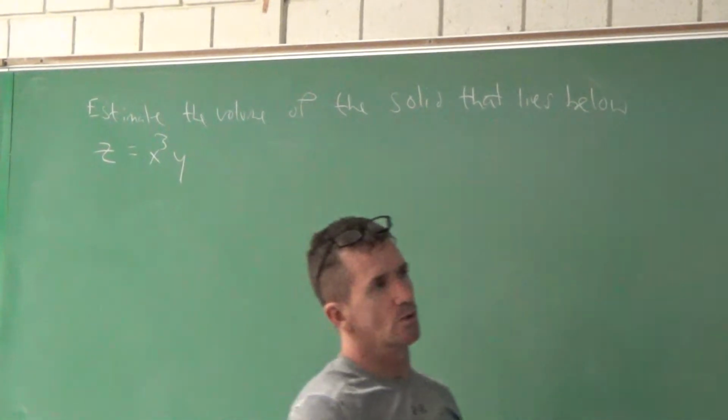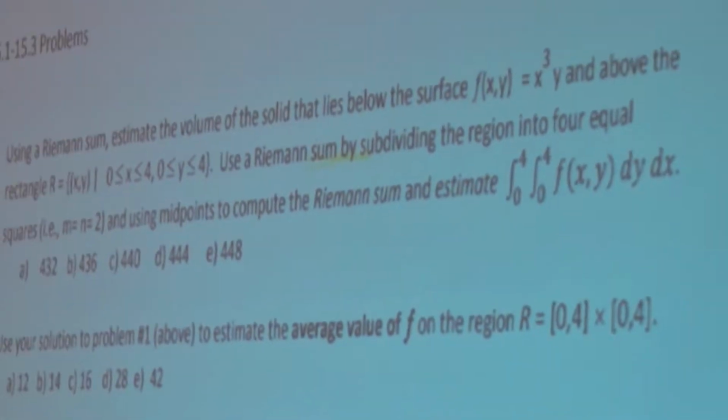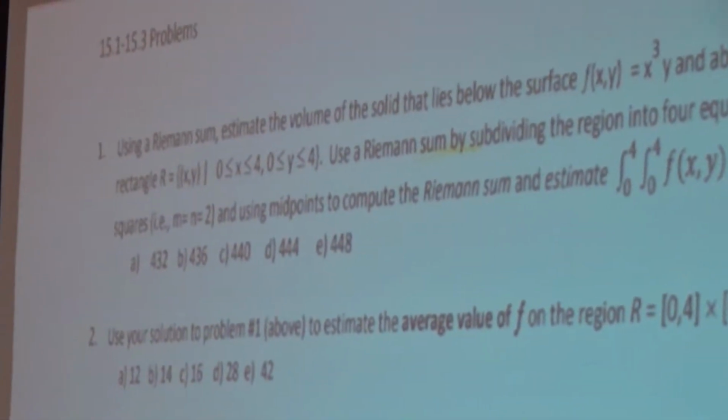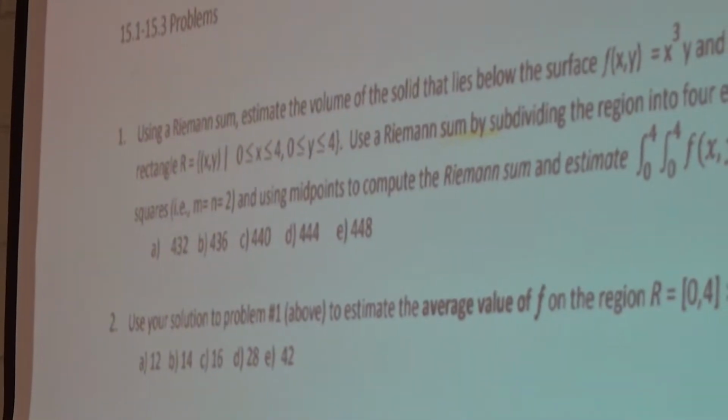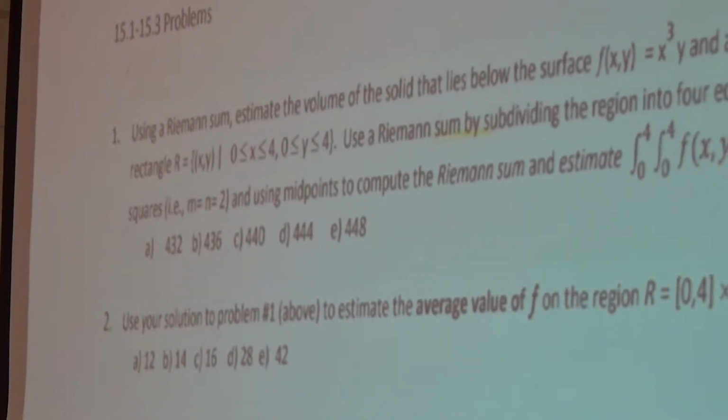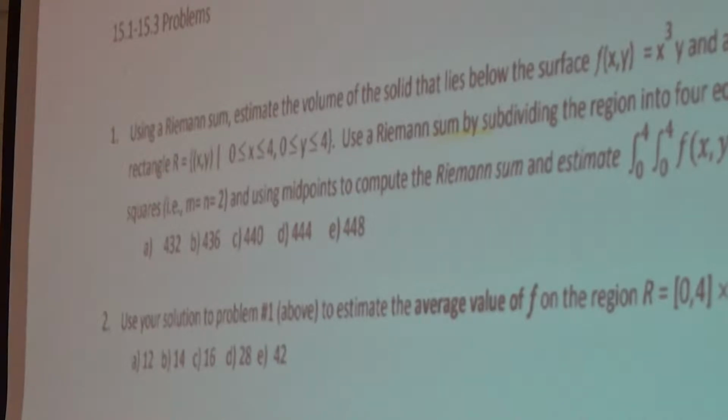Alright, under what constraints? And you'll notice they wrote, here's this rectangle, R for rectangle. Go from 0 to 4 for x, and 0 to 4 for y.